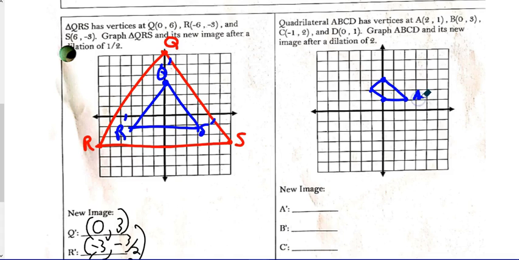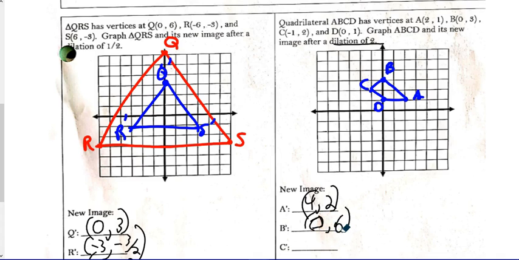So here's A, here's B, here's C, and here's D. Now we're going to multiply all those by 2, because of the dilation of scale factor 2. So 2, 1: 2 times 2 is 4, 1 times 2 is 2. 0 times 2 is still 0, and 3 times 2 is 6.